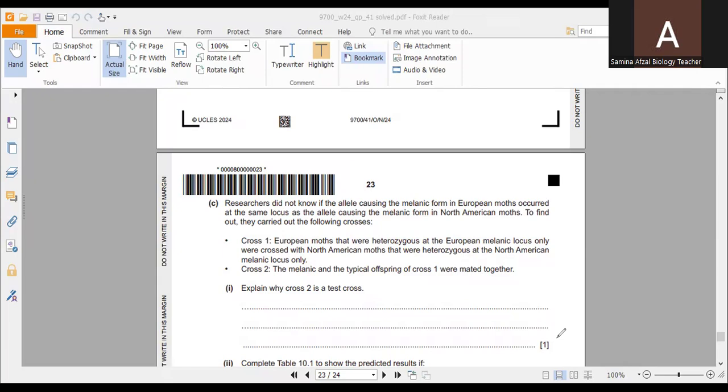Cross one: European moths that were heterozygous at the European melanic locus only were crossed with North American moths that were heterozygous at the North American melanic locus only. So in both cases, they were heterozygous melanic. And cross two: the melanic and the typical offspring of cross one were mated together.